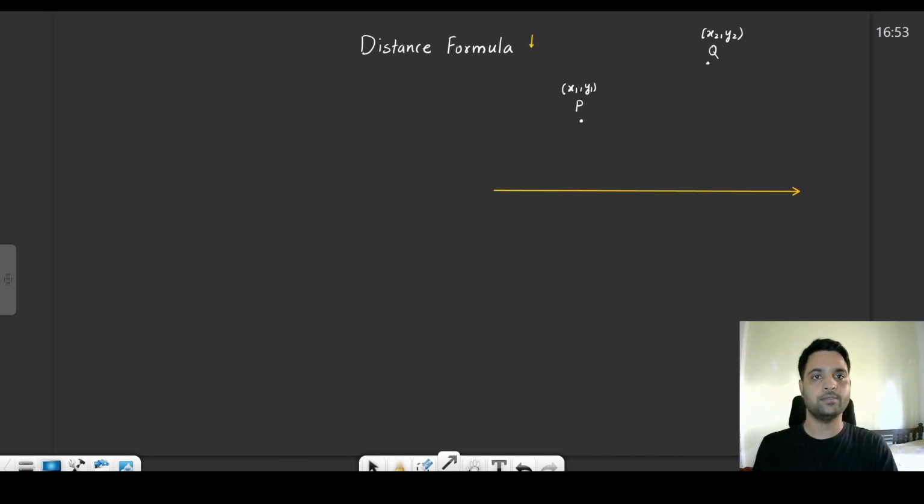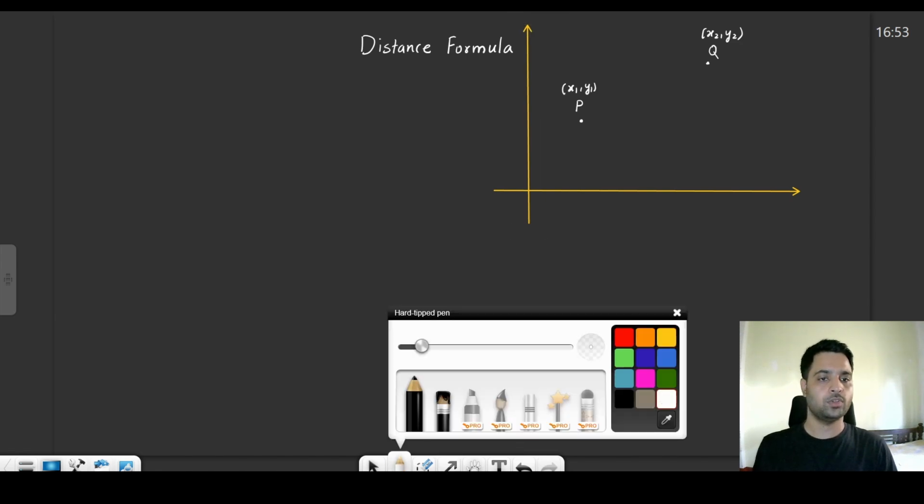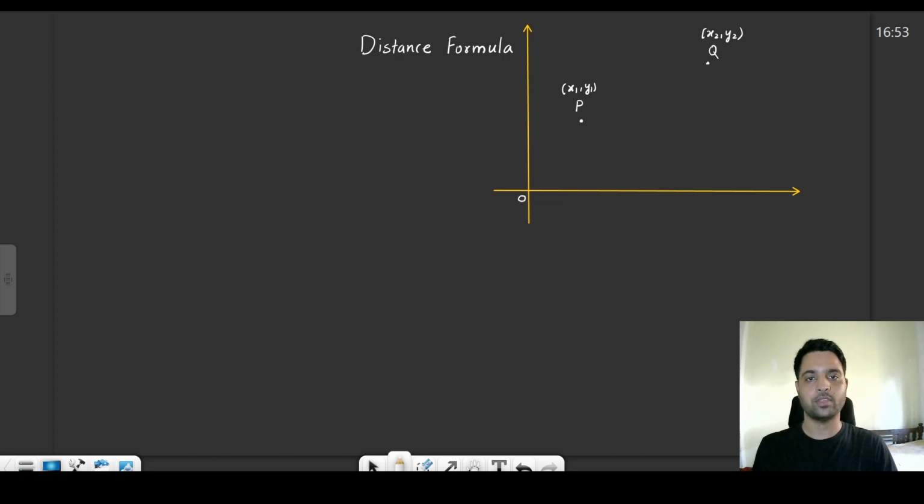This is the y-axis. This is the origin, and this is positive x, negative x, positive y, negative y. All right, simple. Now there is a point P here.